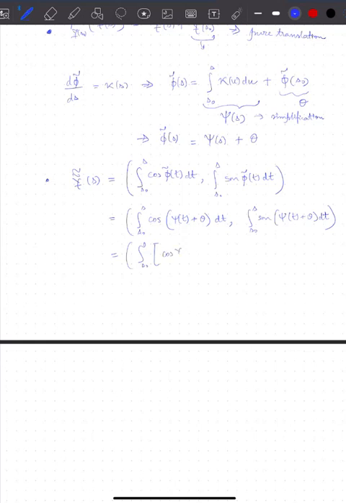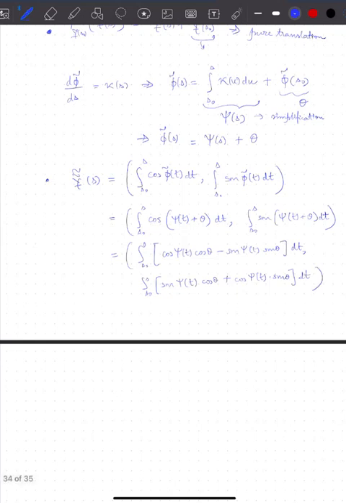So this will be the integral from s naught to s of cosine psi of t cosine theta minus sine psi of t into sine theta dt, comma, the integral from s naught to s of sine psi of t cosine theta plus cosine psi of t into sine theta dt.